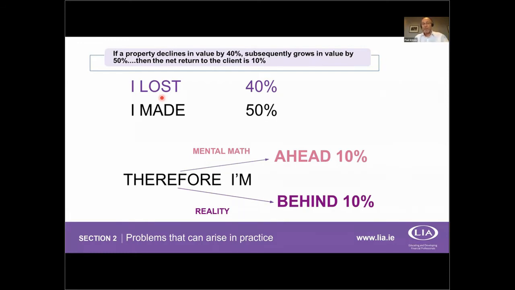The example here is you lose 40% on your investment in year one, and the following year you make 50%, and so the mental maths outcome is, well, then I have to be ahead by 10%, but that's not true.